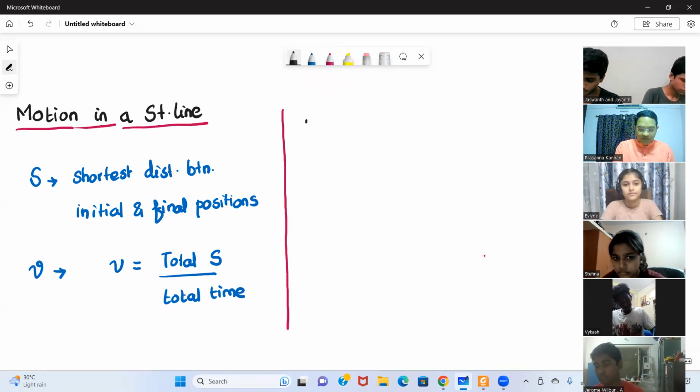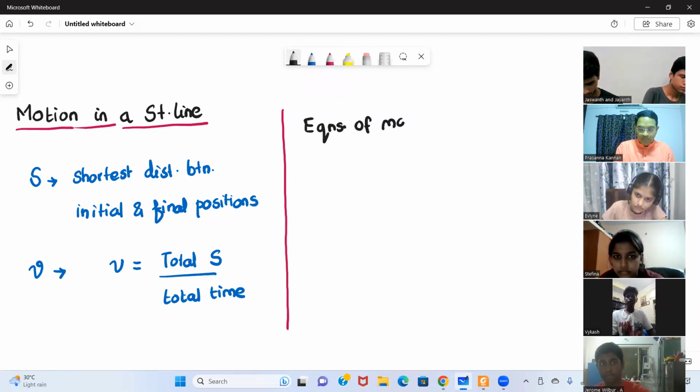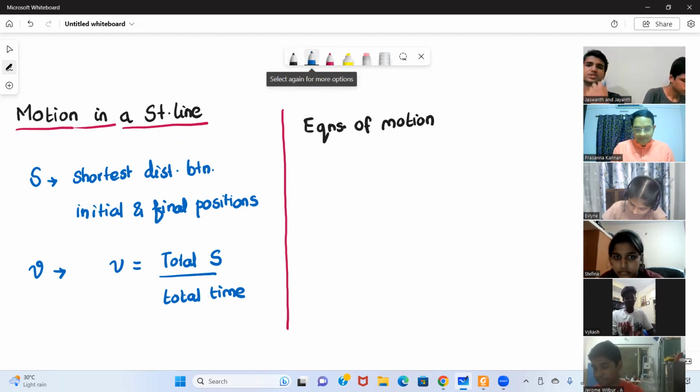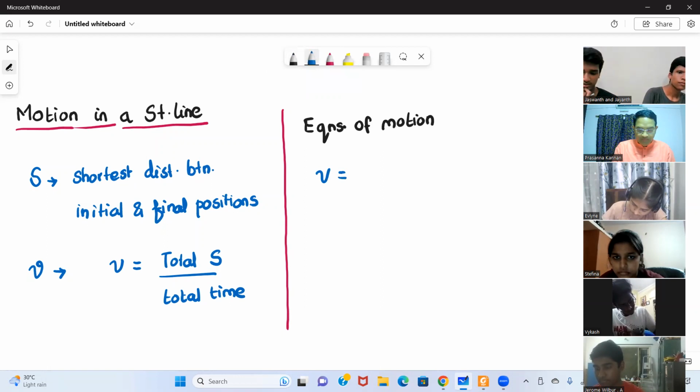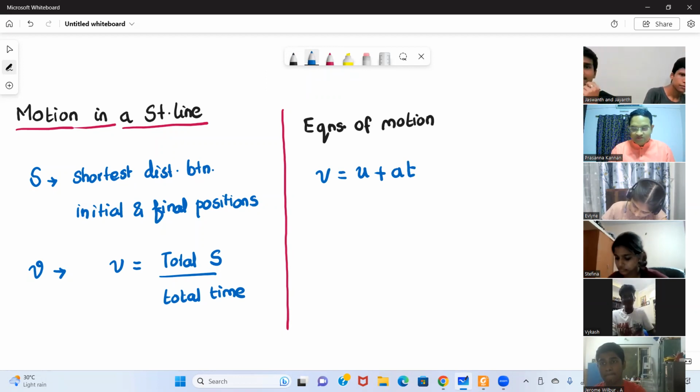And what are some of the equations of motion that you have learned? V is equal to u plus at. Velocity is equal to initial velocity plus acceleration into time.